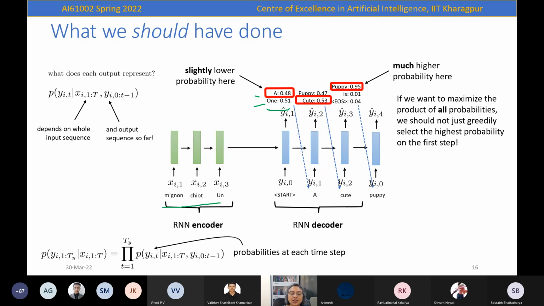So you want to find the probability of a sequence at the output given the input, which you can compute by the standard chain rule of probabilities. You look at the probability of yi at the tth step conditioned on the input and the output so far, and you take the product of that.